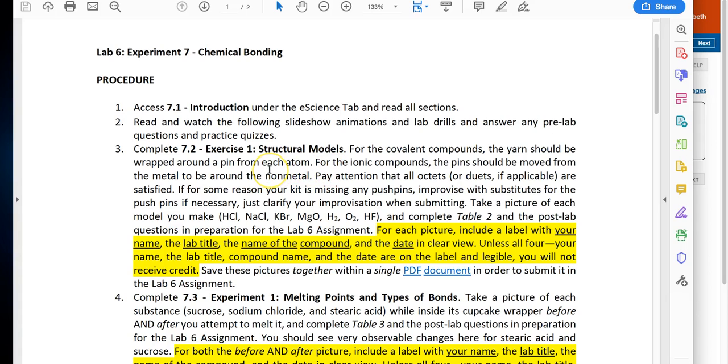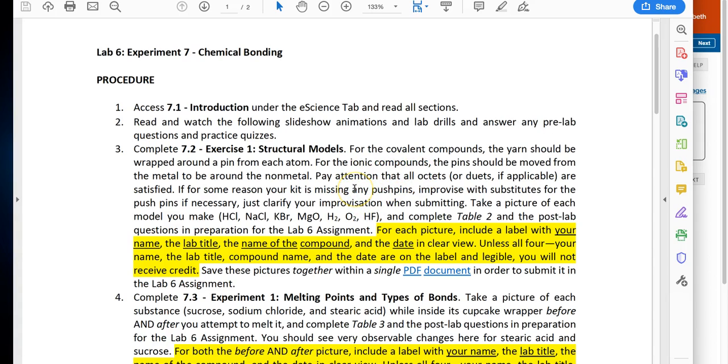So you're going to be using push pins to indicate the electrons and yarn to indicate when they're being shared. For ionic compounds, where there's a complete transfer of electrons from one to the other, you move your push pins from the metal, which is donating the electron, over to the non-metal, showing that the electron has been completely transferred.